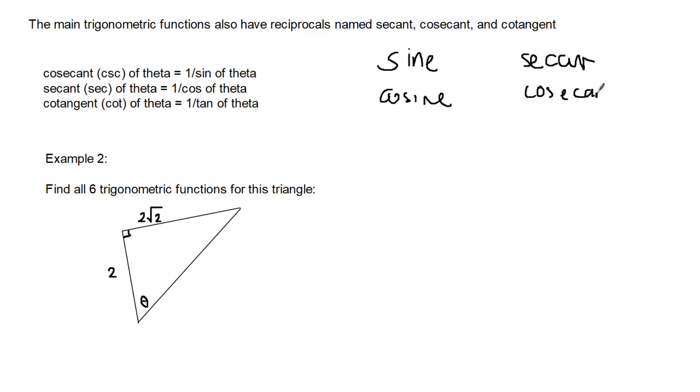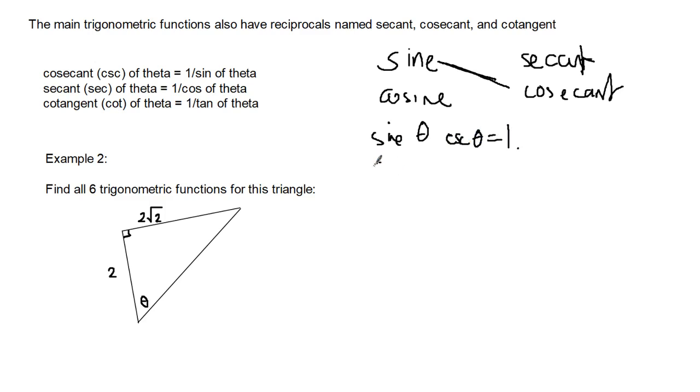You would think that the cos would meet up with the cos and the s would meet up with the s. No, it doesn't. Sine meets up with cosecant. So sine theta multiplied by cosecant of theta is equal to 1.